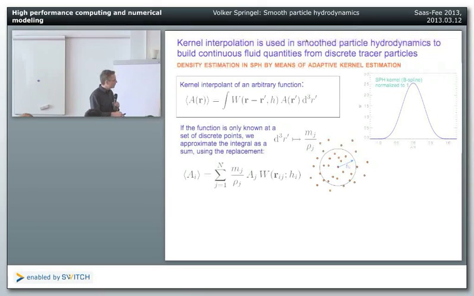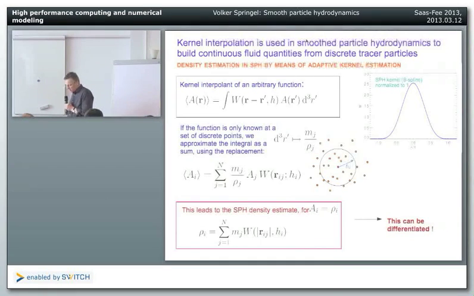You now have something that is in principle there everywhere in space. You can extend that interpolation to every coordinate, and so you can extend the function A that you now know only at the points to all of space with this formula. You're interpolating between these points. That's called a kernel interpolant.